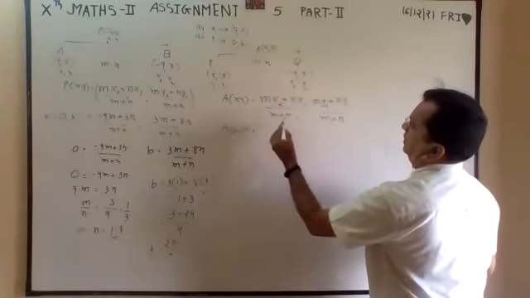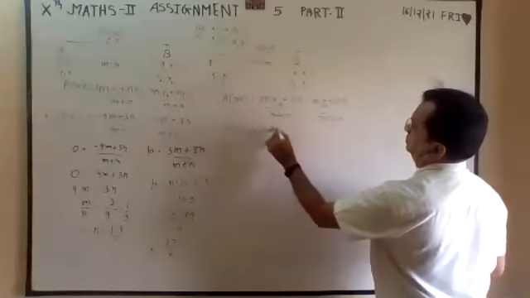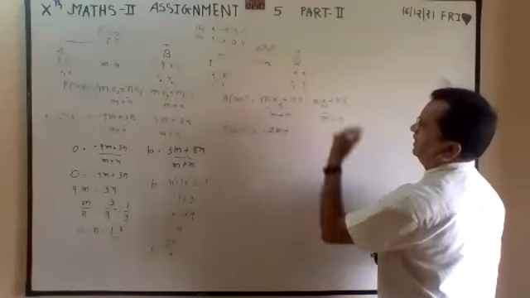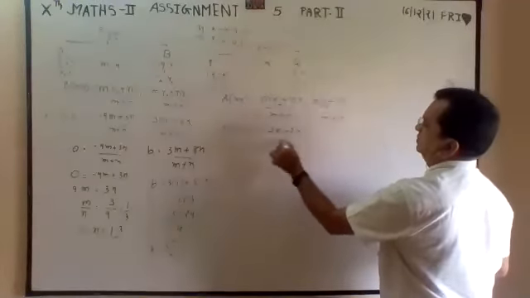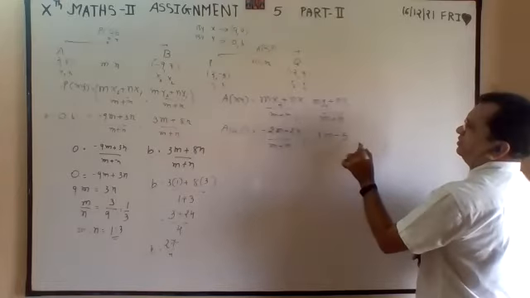Now x2, x1, now y2, y1. So that is minus 5n.